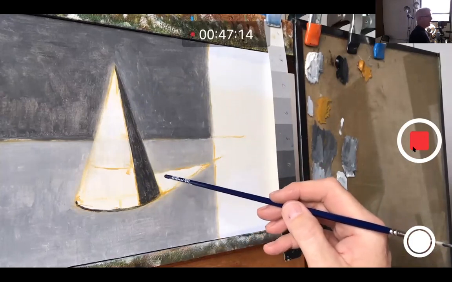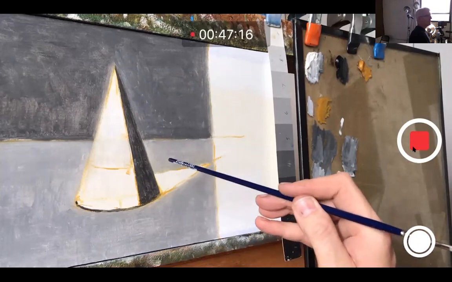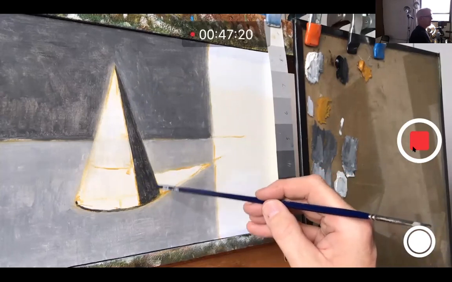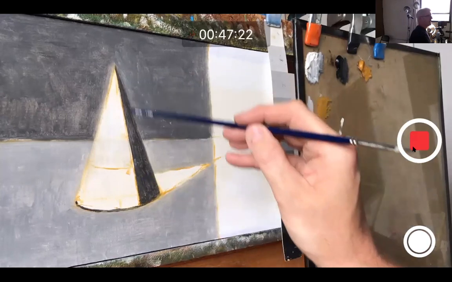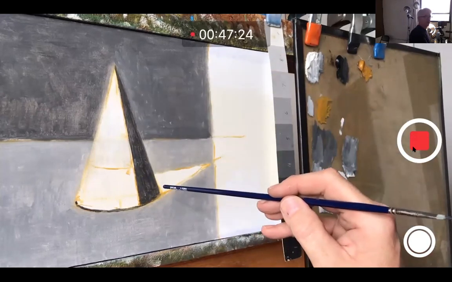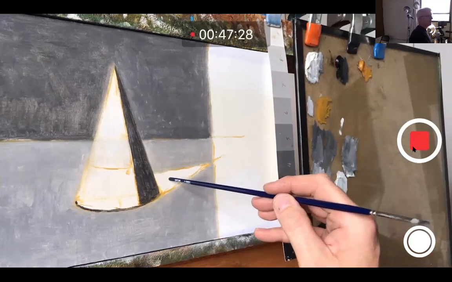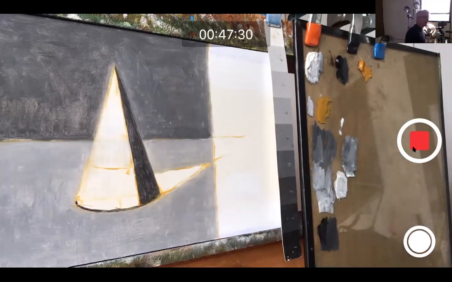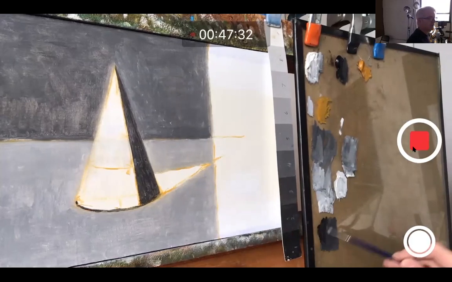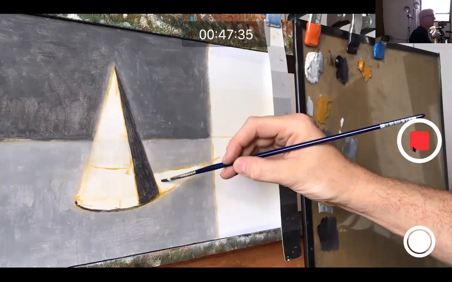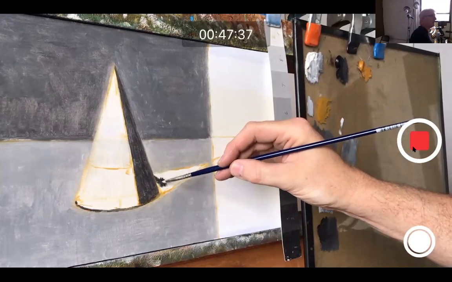Okay, so I'm not going to indicate that yet. I'm not going to worry about that yet. This is a general tone for the shadow side of the cone. The first thing I'm going to do is paint the dark overall value of the cast shadow. That's also a very dark shadow.